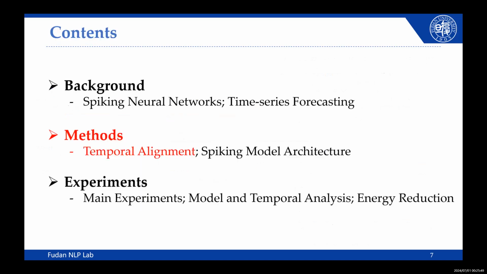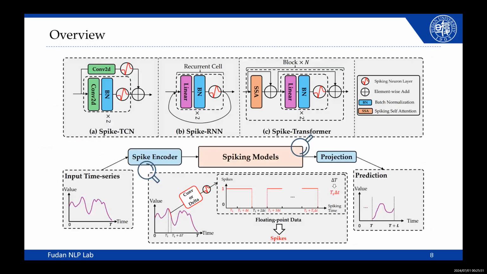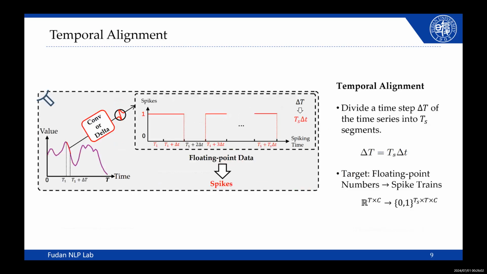Next, I will introduce our method. This is an overview of the method. It includes two parts: temporal alignment with spike encoders and spiking neuron architectures. Firstly, I will introduce the concept of temporal alignment. Similar to previous works on image processing, we think it is necessary to unsqueeze an external dimension for LIF neurons to transport spike information.